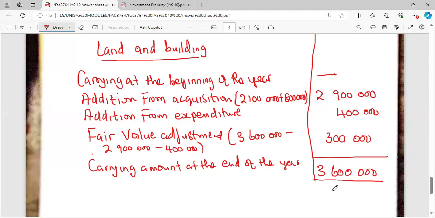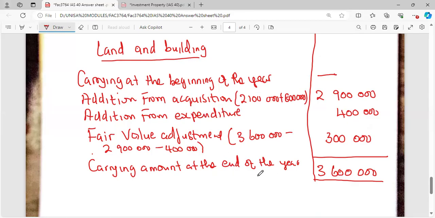something that is much complicated. Just understand this skeleton of the answer. When you are doing your investment property, understand the skeleton of the investment property and the skeleton of PPE, when you are doing your PPE, and you will see that you will not lose a lot of marks as long as you know what to fill in here.